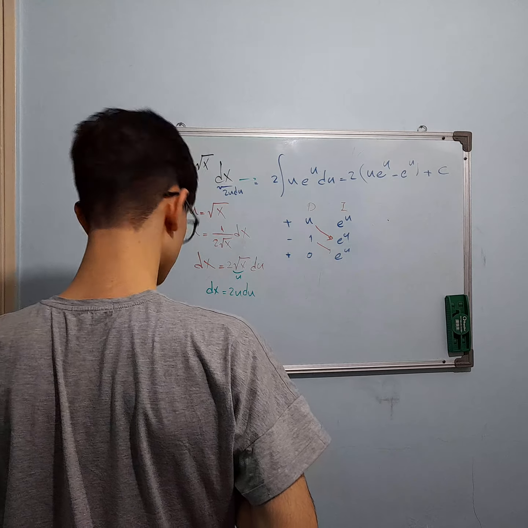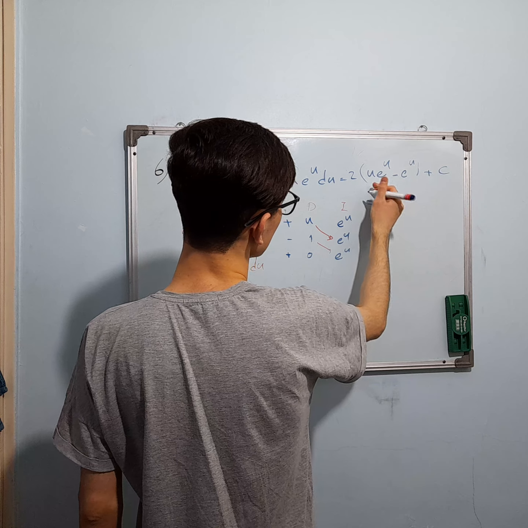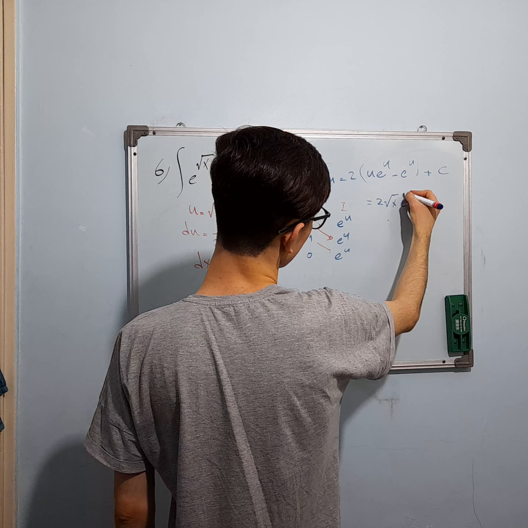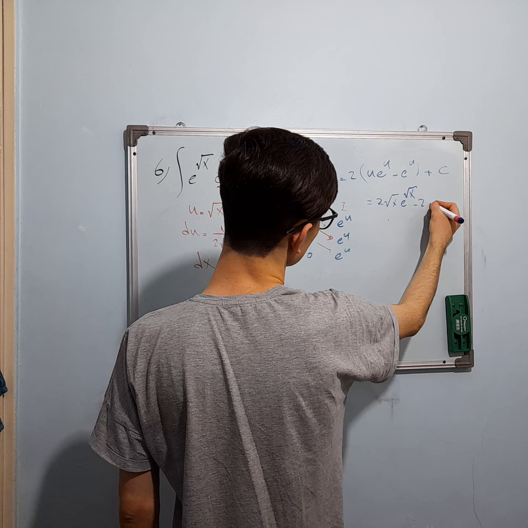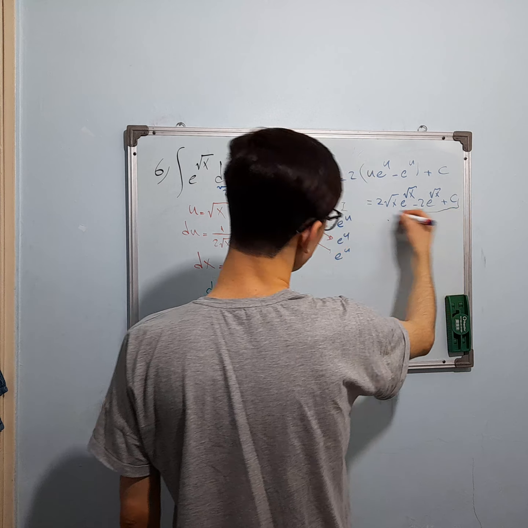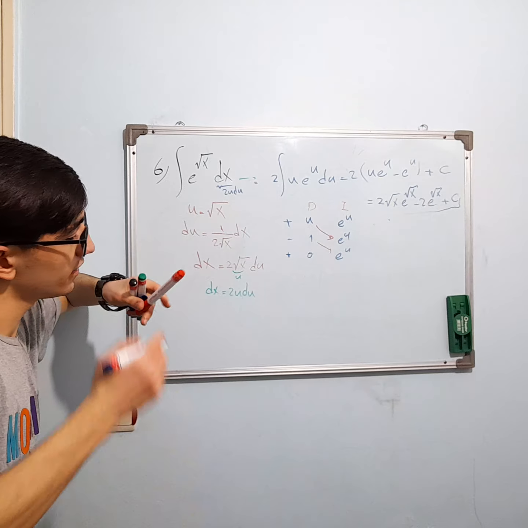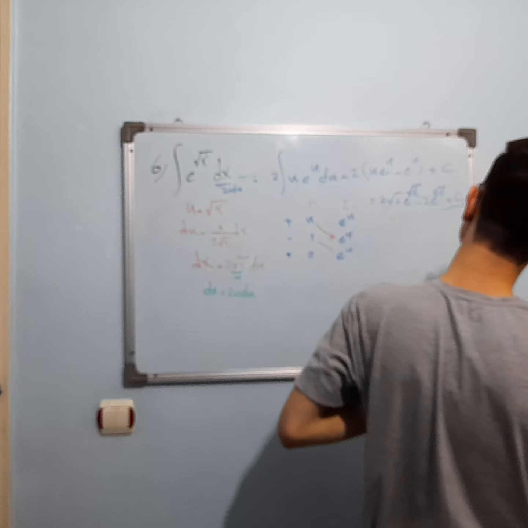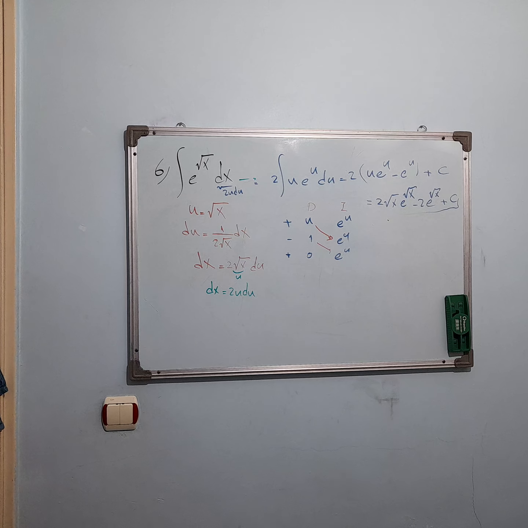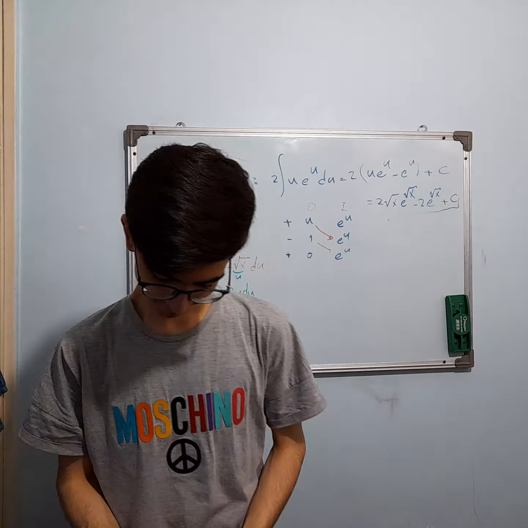Okay, let me write it in blue. 2, u is square root of x: 2 square root of x e to the square root of x minus 2 e to the square root of x, plus c, and this is the answer. Have a look. It was a good one: u-substitution and the DI method. It's 40 minutes. Nice job.